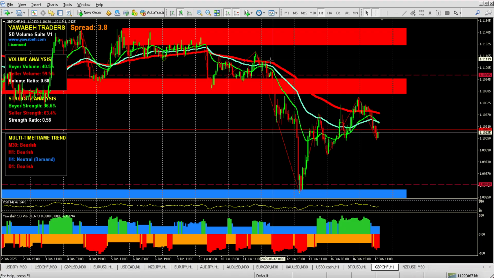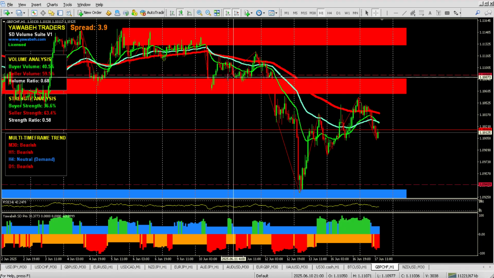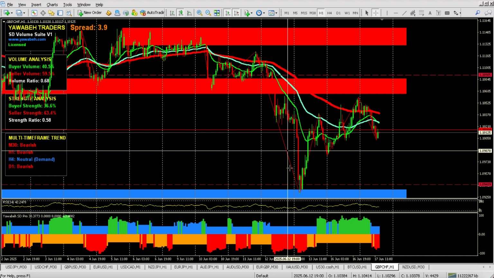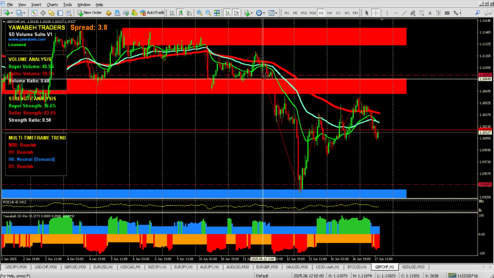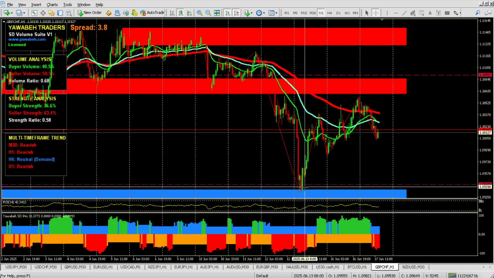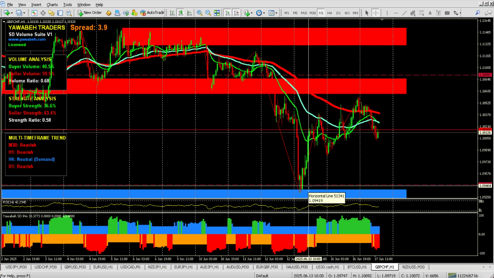When the market was playing around this zone, we had entered our short position from this level, 1.109010, and our TP was 1.09410.